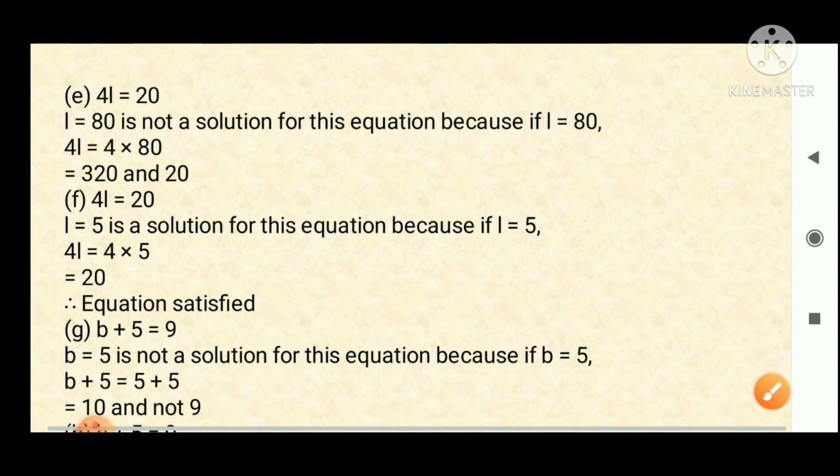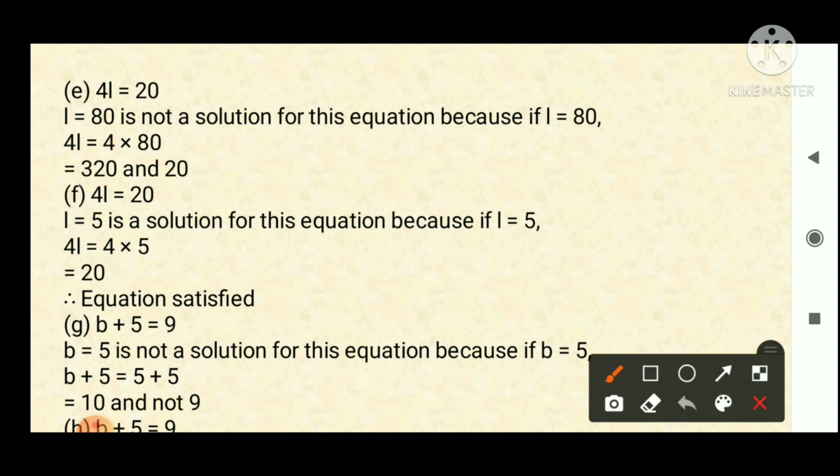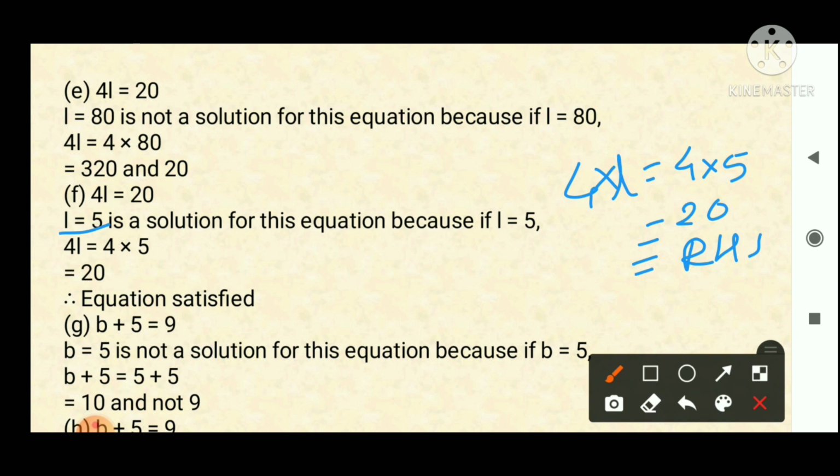Now next value of L we have to take is 5. Now the left hand side of this equation, 4 multiplied by L, means 4 multiplied by 5. 4 fives are 20, which is equal to the right hand side. So here the equation is satisfied. So we say that L is equal to 5 is a solution for this equation.